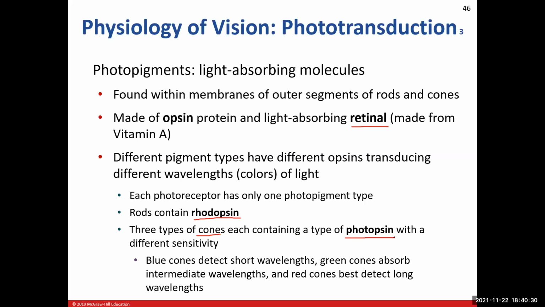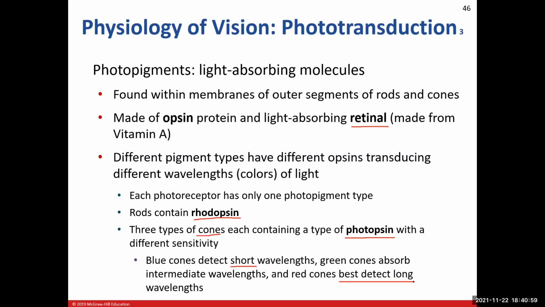Only one color can be detected by a cone. It can't detect both blue and red. That's based on the type of photopsin present. Blue cones are going to detect short wavelengths, because blue light travels on a shorter wavelength, whereas red cones are going to detect a longer wavelength. And then green will be somewhere in between.